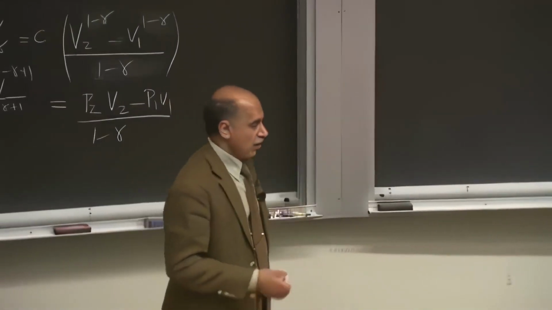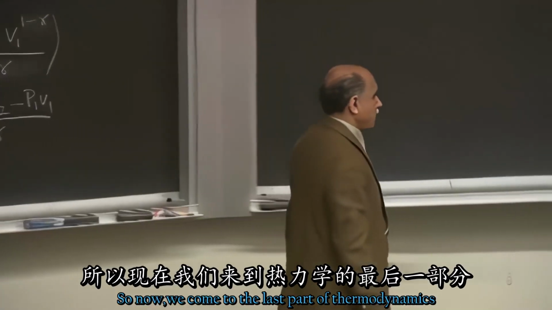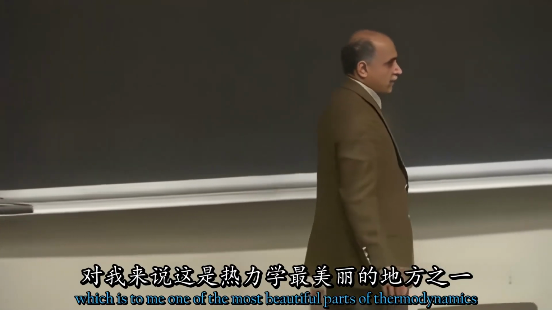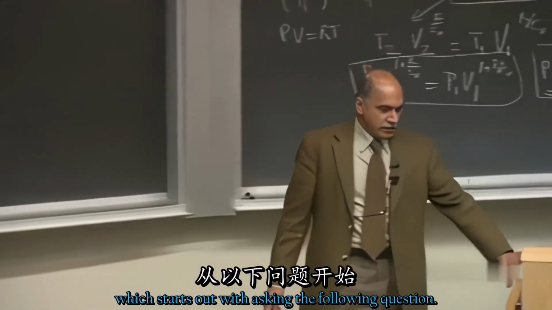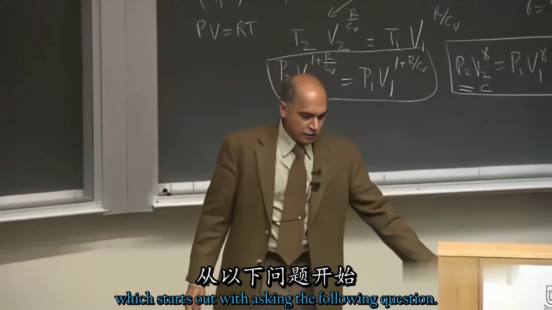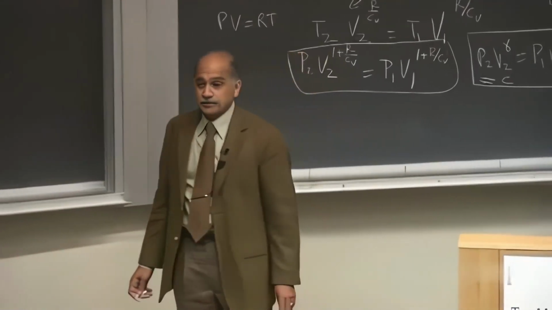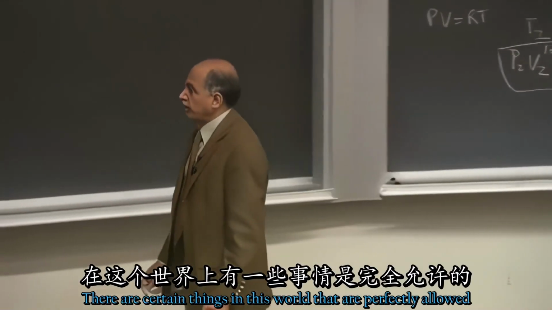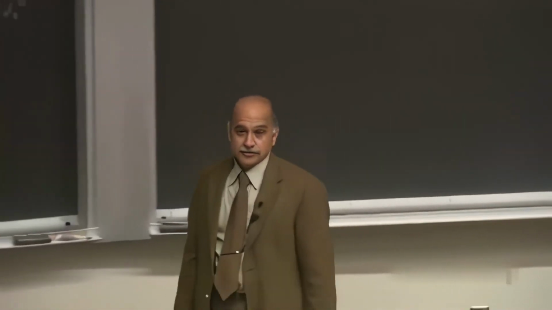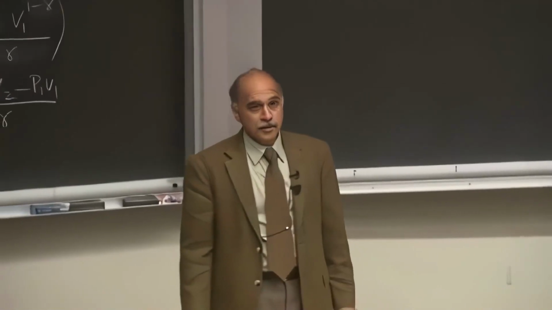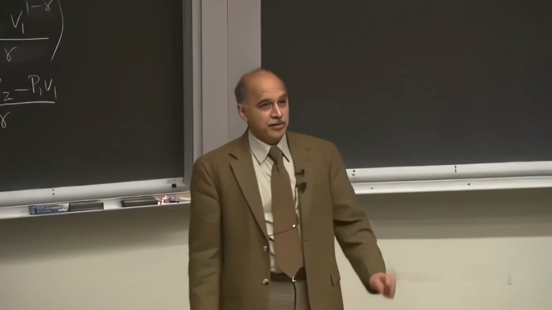All right, so now we come to the last part of thermodynamics, which is, to me, one of the most beautiful parts of thermodynamics, which starts out with asking the following question. There are certain things in this world that are perfectly allowed but don't seem to happen. Let's take many examples. Take the Joule experiment.